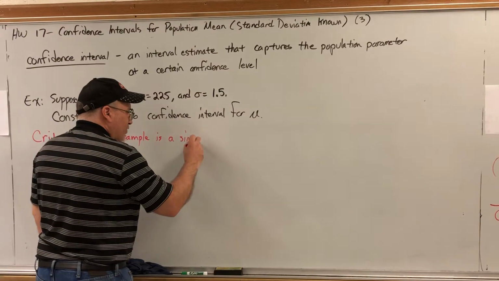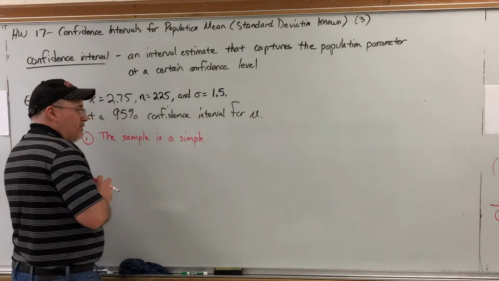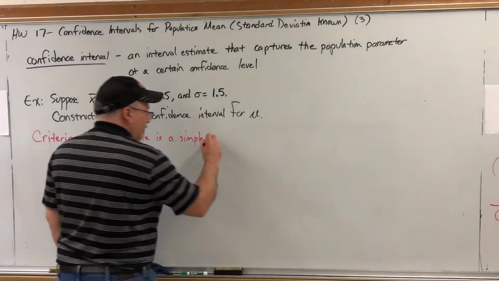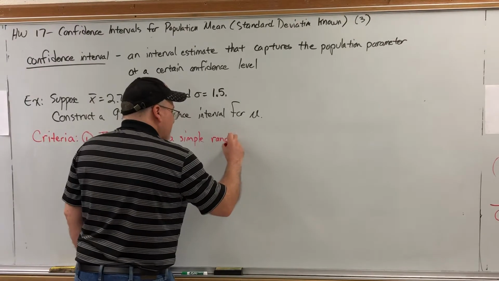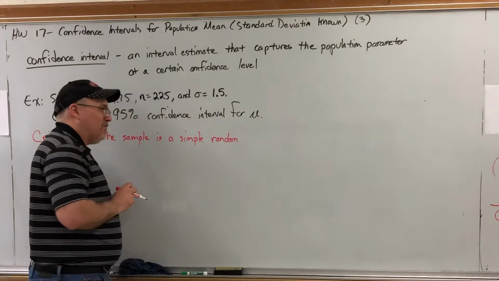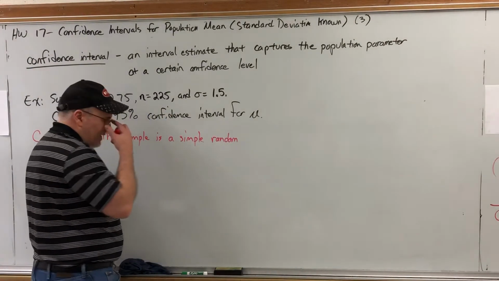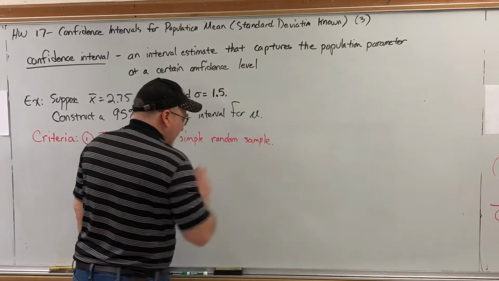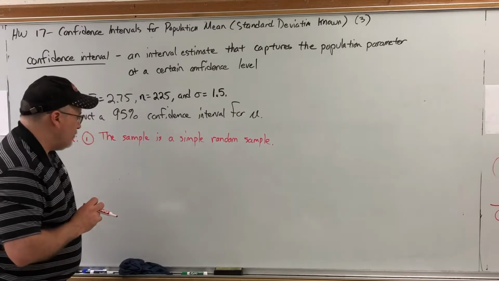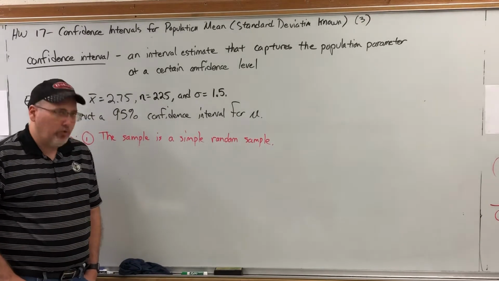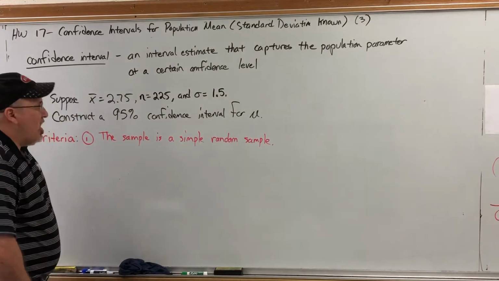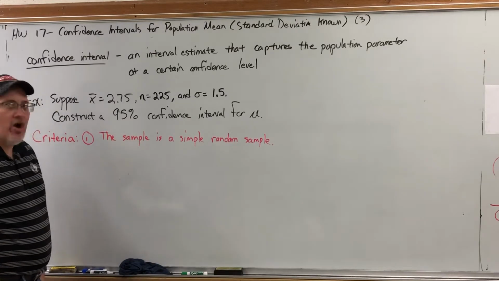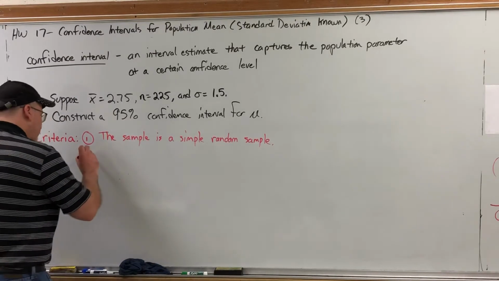Simple meaning that everyone in the population could possibly have been in the sample. Random, basically meaning that everybody had the same chance of being selected. For our purposes, we will always assume our sample is a simple random sample, because if it's not, then the techniques for doing this are beyond the scope of this course.